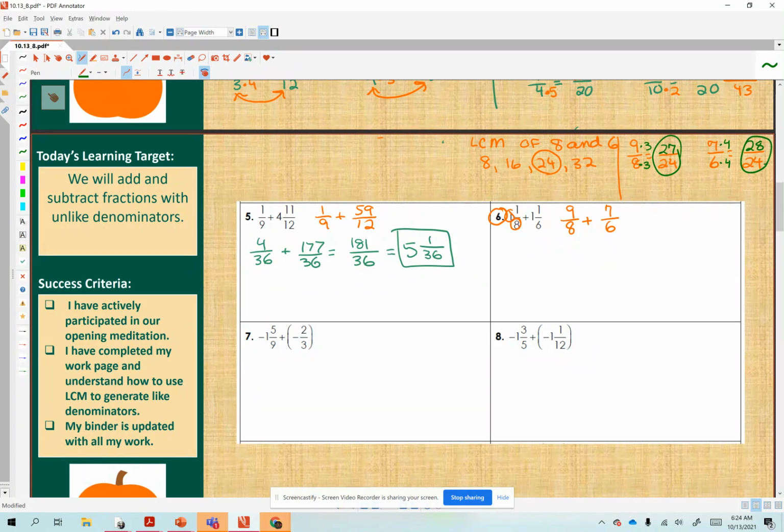So now we can add them together. 27 over 24 plus 28 over 24 equals 55 over 24. And now we'll divide 55 by 24. 2 times 24 is 48, with 7 left over. So that will equal 2 and 7/24.